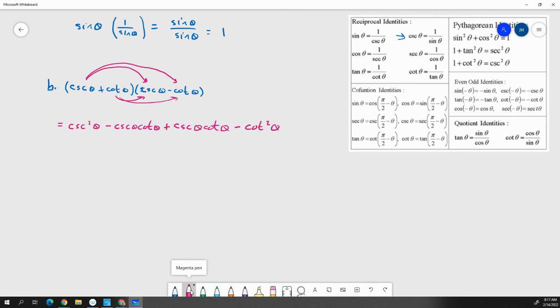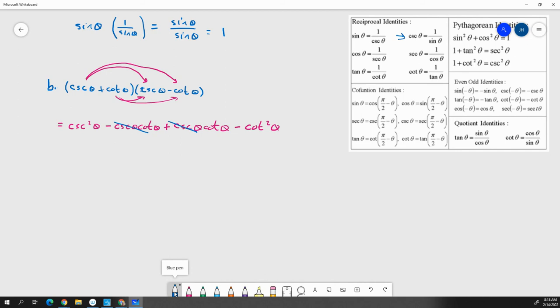If you look at these center terms, I have minus cosecant theta cotangent theta, plus cosecant theta cotangent theta. What that allows us to do is eliminate them. If I subtract something from the same thing, we just wind up with 0. So these actually cancel each other out.